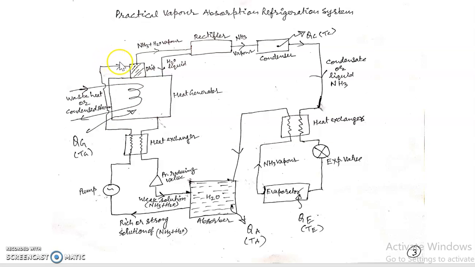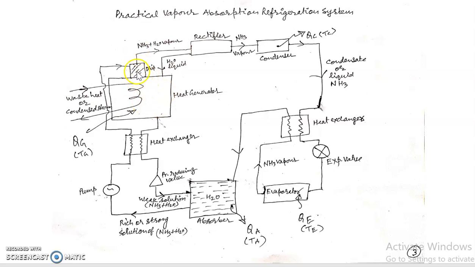This strong solution is passed through a drip, and due to gravity action, some part of the liquid particles, that is water, separates out. Then it flows through the heat generator, where waste heat or condensed steam is used to separate out ammonia vapor.